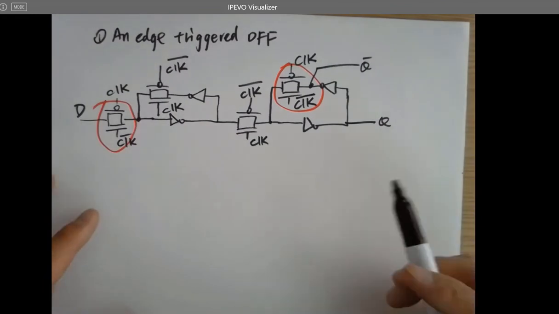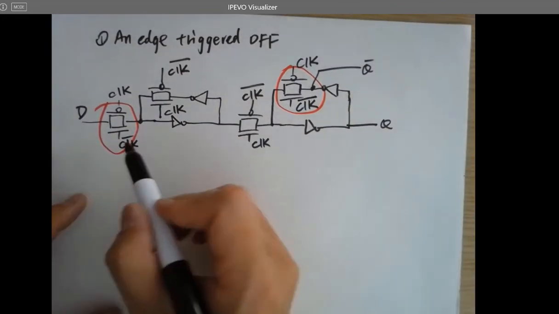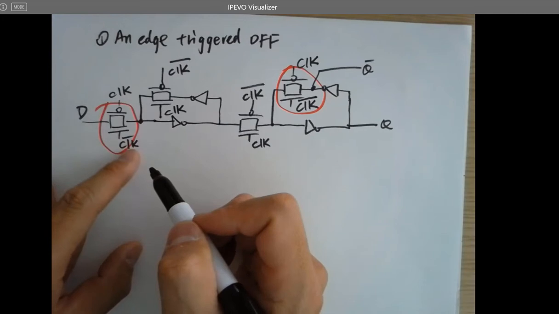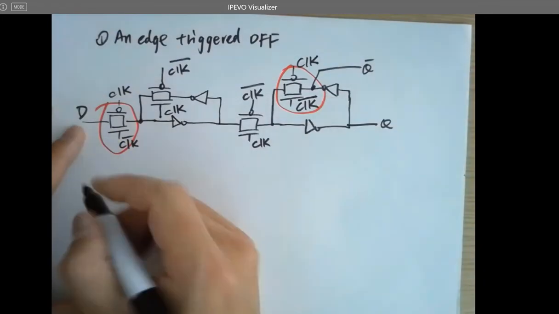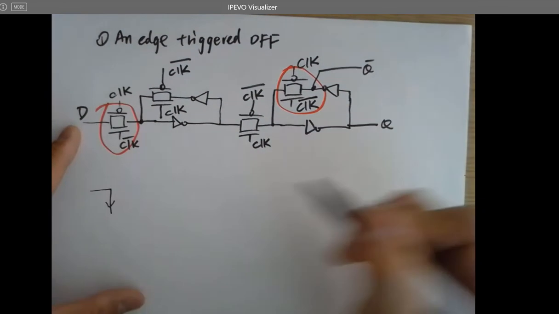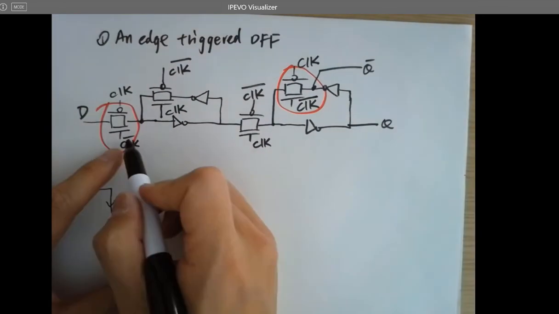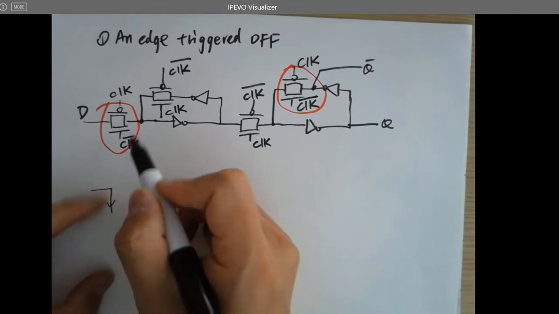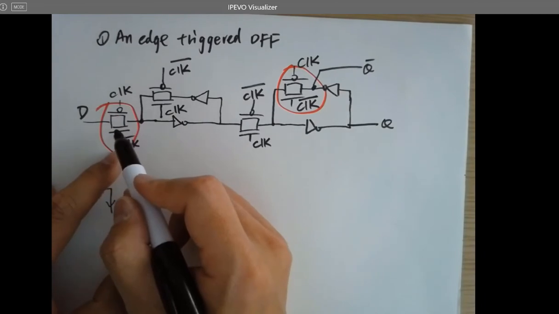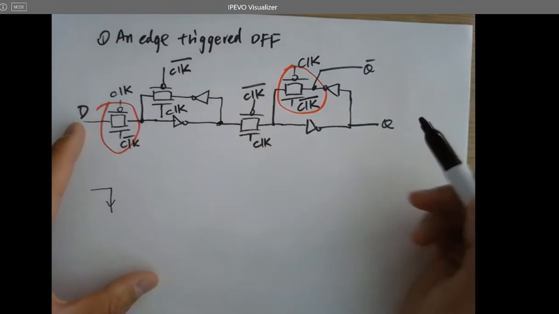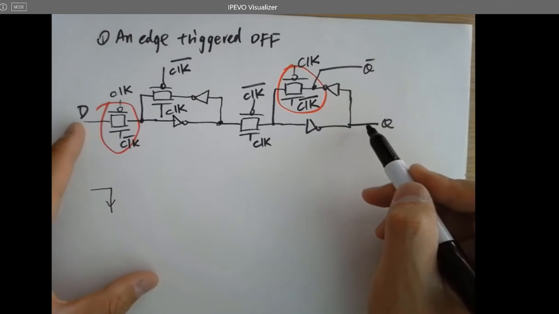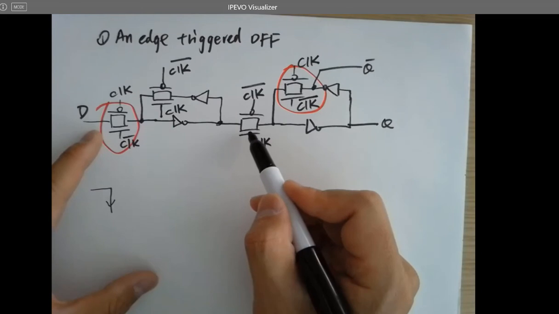So, for example, when the clock is going low, these two will be turned on. At the falling edge, what's going to happen? This is low, because whenever this is low, this TG will be opened up. So D will reach here, but not here, because whenever this is on, this is off.